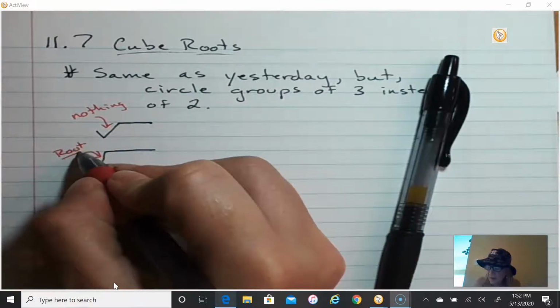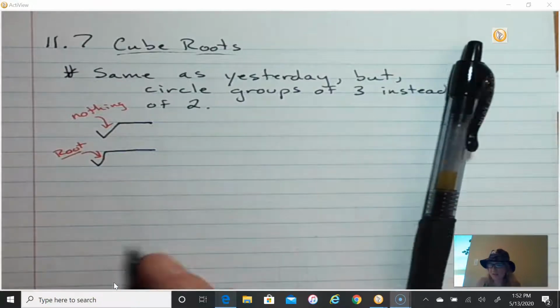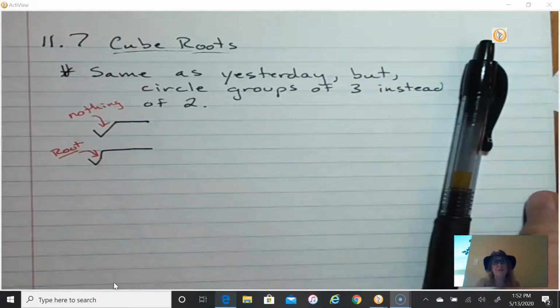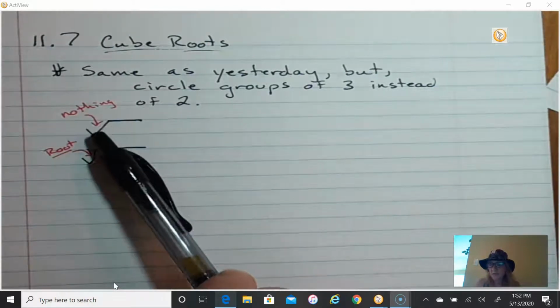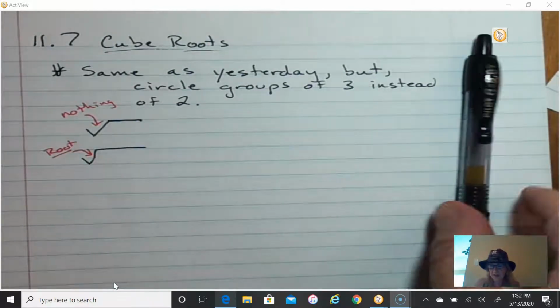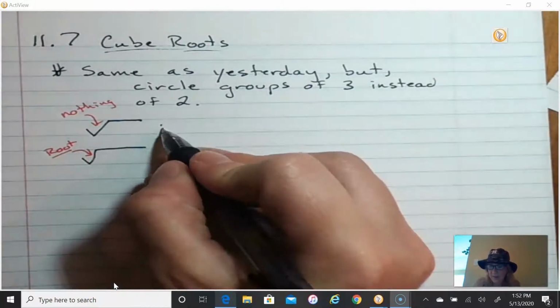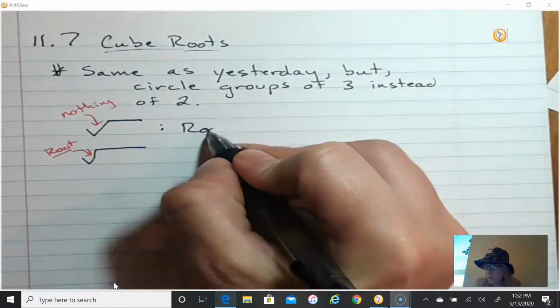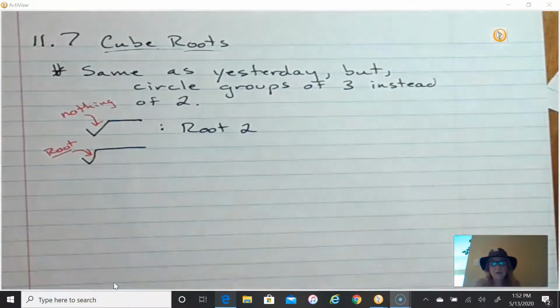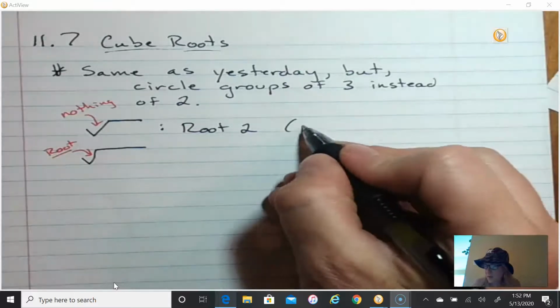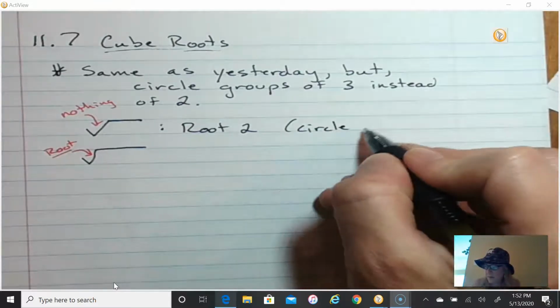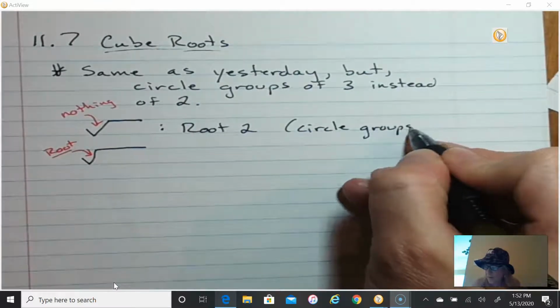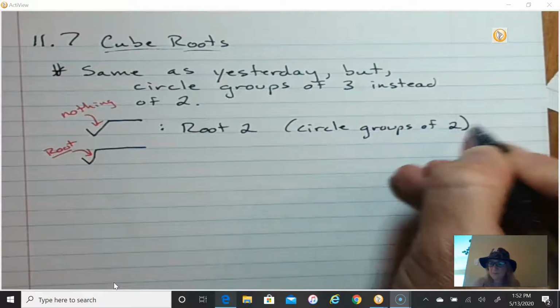Next year, you'll get a more detailed explanation, but in that little check thing is where your root goes. If there's nothing in that check thing, then it's called the root of 2. In other words, you circle groups of 2.